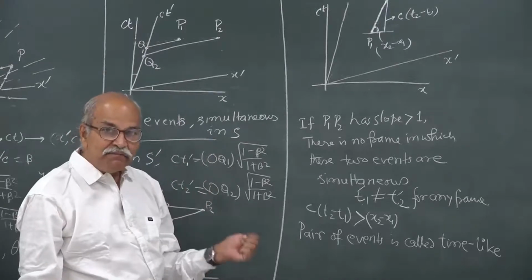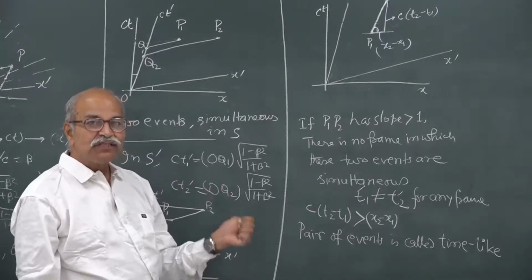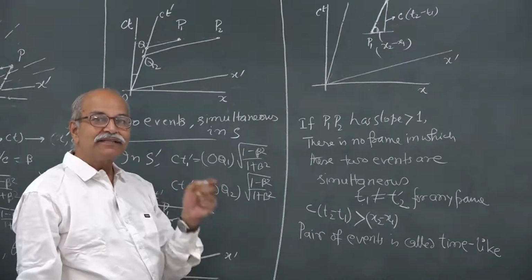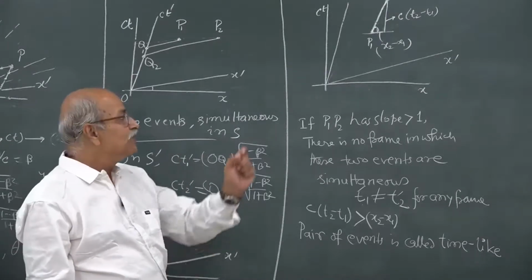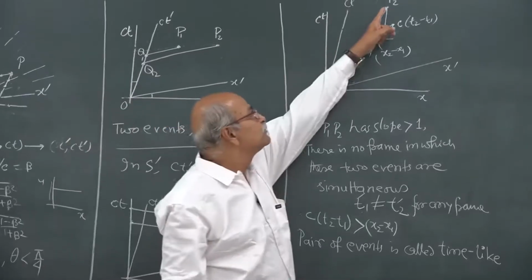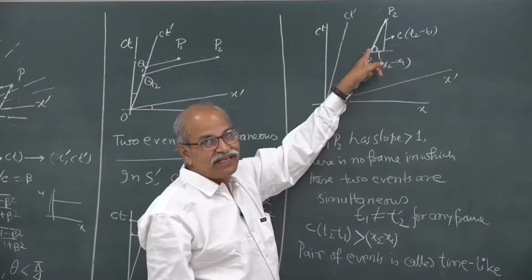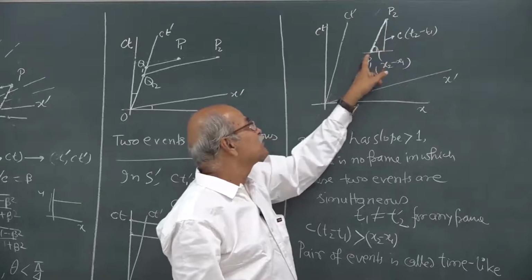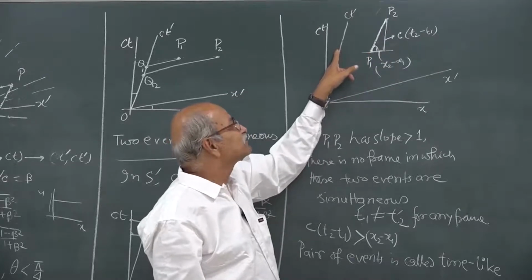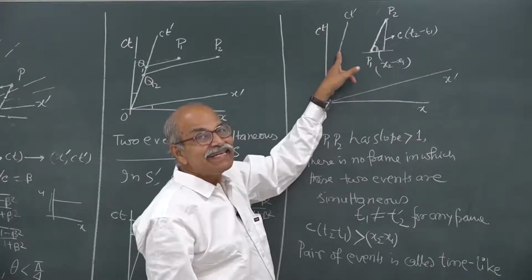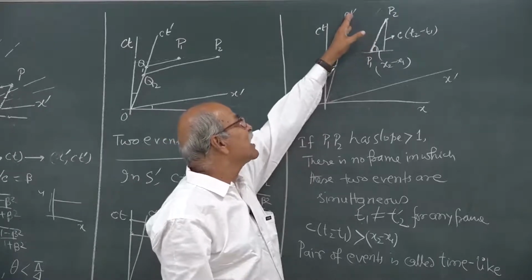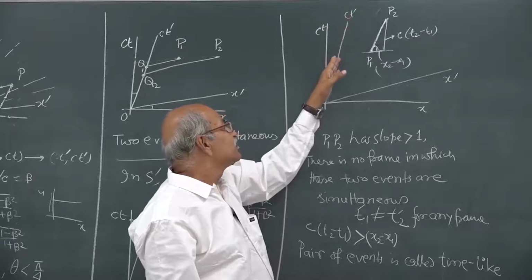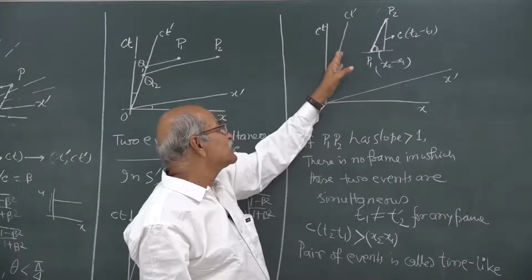Is there a frame in which the two events are occurring at the same position? If two events are occurring at the same position, that means this line is parallel to this CT prime line. Okay, because if you are going parallel to CT prime, the CT prime is changing, but x prime is not changing.